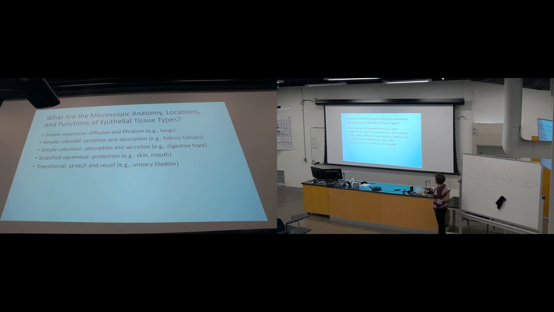And then simple columnar for absorption and secretion, in the digestive tract. It has the same function as simple cuboidal. But why do we have them columnar? Well, because you have more volume, and that allows you to absorb more.